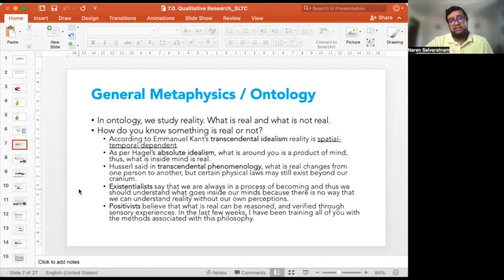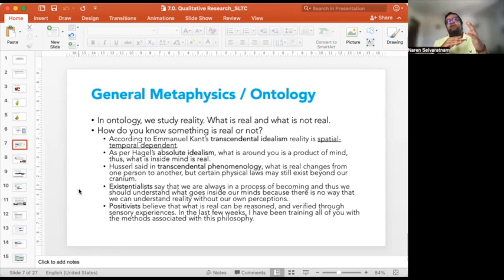I can't understand anything in this world without my mind. It is always there. It's very difficult to strip this component out and say, I'm going to understand everything objectively, but I don't need this for this particular task. It's impossible to think like that.